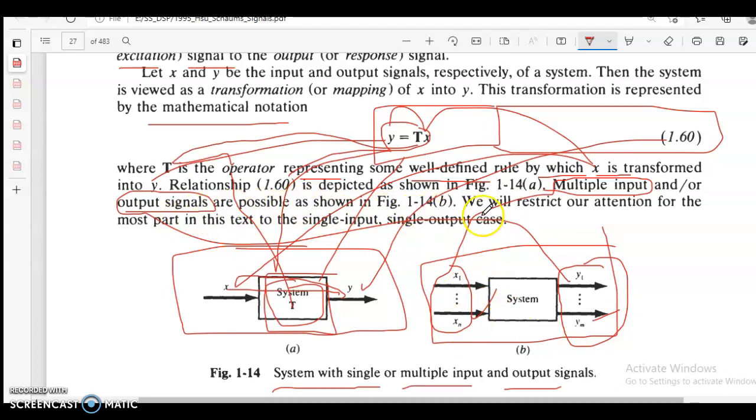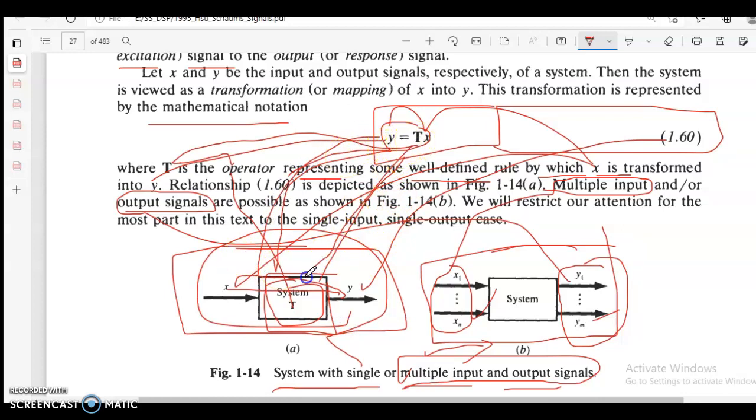That's why I mentioned multiple input and output signals. Figure A has a single input and single output, y equal to Tx, where T is the operator in this system. This is a very important point: x is transformed into y.